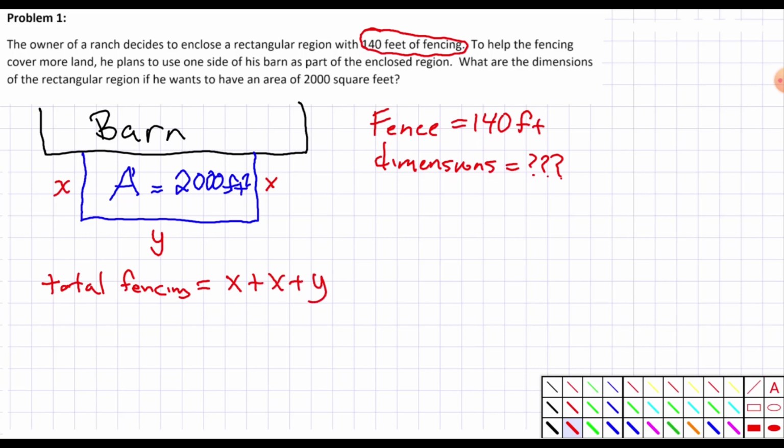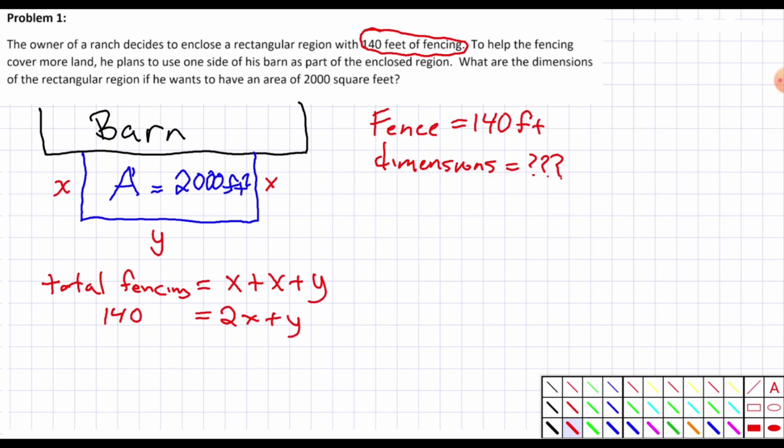That makes sense, correct? Your total fencing should be the sum of the sides. Now if we substitute and simplify, we know my total fencing is going to be 140 feet, and this simplifies to 2x plus y.